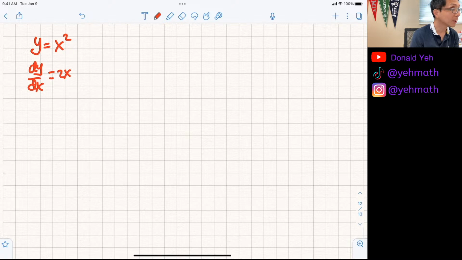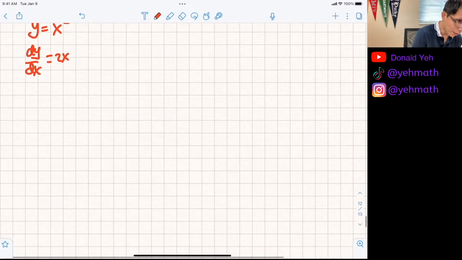If you don't know what dy dx means, d stands for delta. So it's delta of y over delta of x, which is slope. So the slope is always equal to 2x.